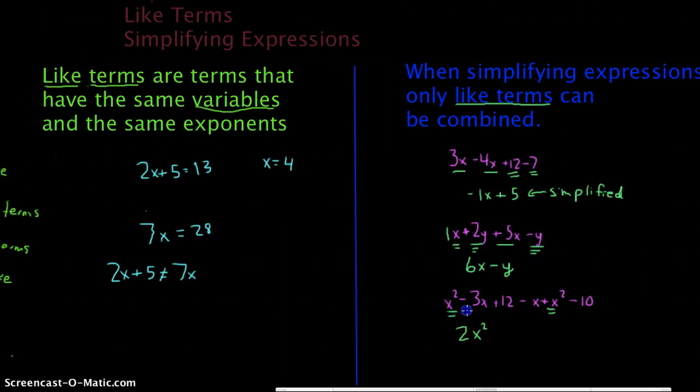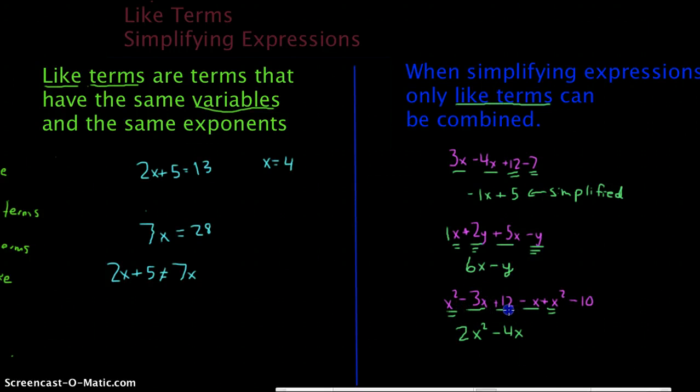All right, the next set of like terms, I've got a negative 3x and a negative 1x. Okay, so negative 3 minus 1 is negative 4x. When I'm going to simplify an expression, I have to keep in mind, right? This looks like a minus, and it is. But I can treat this whole thing as a negative 3x, and that makes it easier to simplify.